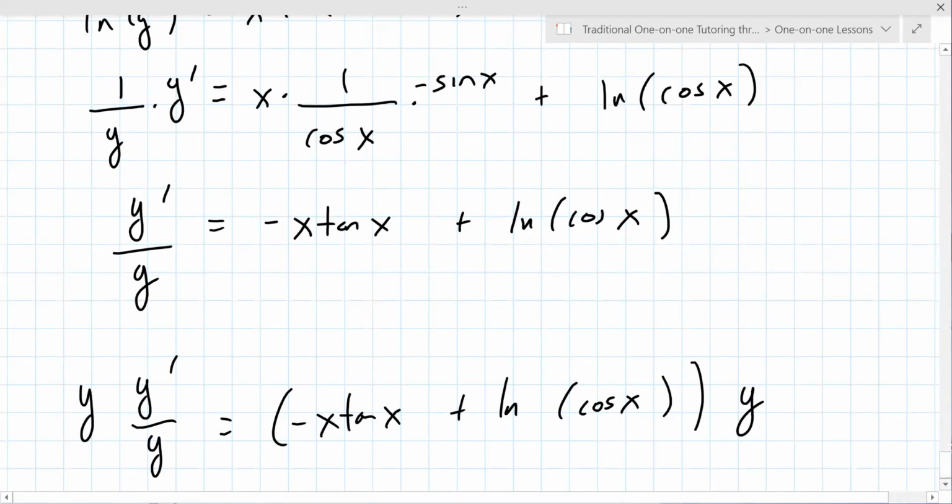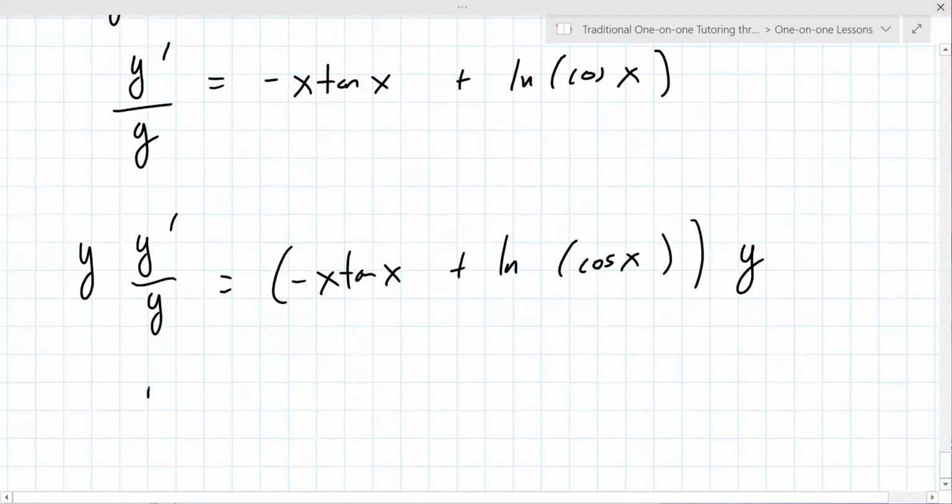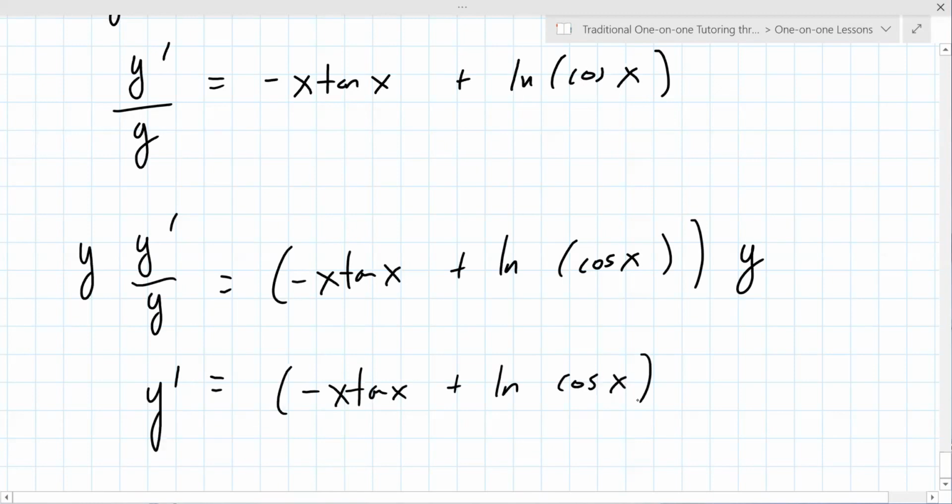So you get y prime equals minus x tangent x plus natural log cosine x, times the original. And the original y was cosine x to the power of x. And you're done.